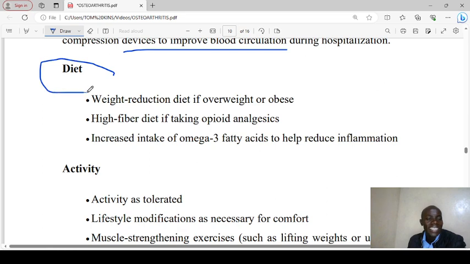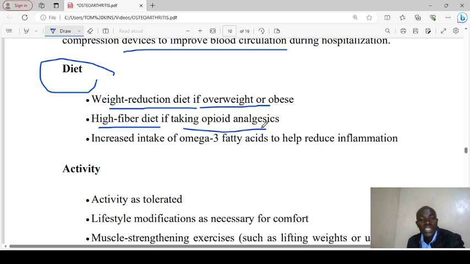Guys, we can look at the diet. What should be the diet for a patient suffering from osteoarthritis? Okay, so weight reduction diet if they are overweight or obese. Then we need a high fiber diet if they are taking opioids. Remember, opioids normally lead to constipation, so high fiber helps us in this case.